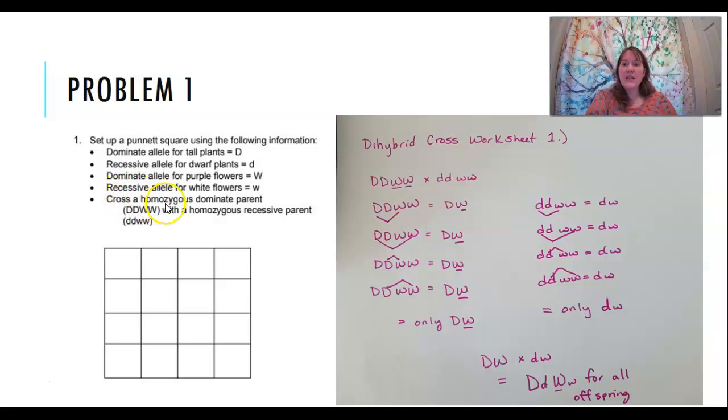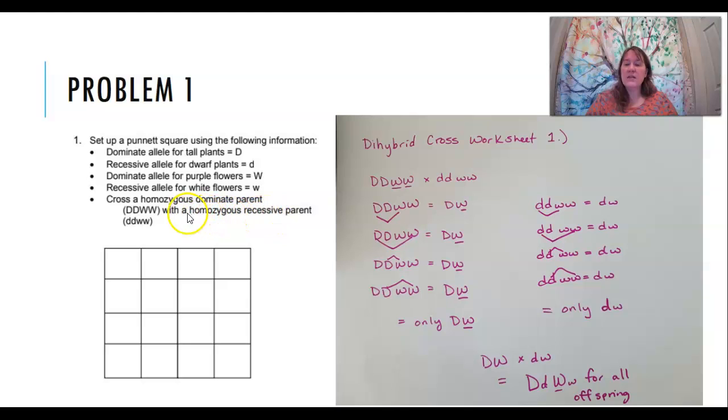Okay, so we have a homozygous dominant parent. Homozygous means that both of the alleles from both of their parents were the same letters, just the big D. So homozygous dominant will mean that it is big D for the D allele and big W for the W allele.